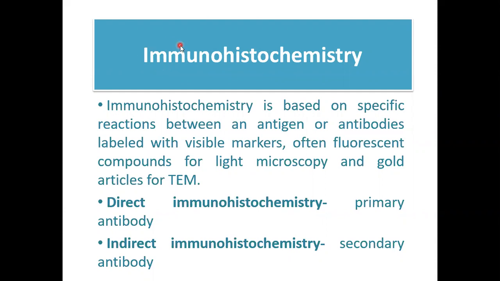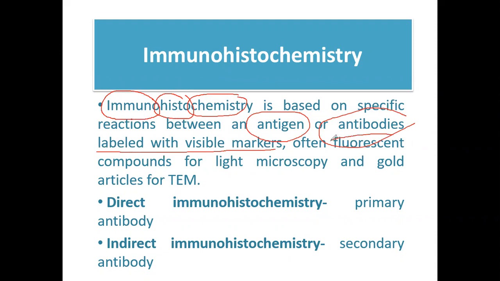So when we say immunohistochemistry, it's based on specific reactions between antigen or antibodies. So when we say immuno, we are actually talking about your antigen antibodies. Histo, we have tissue, chemistry. So, yan. Sabi niya, between an antigen or antibodies labeled with visible markers. Often fluorescent compounds.